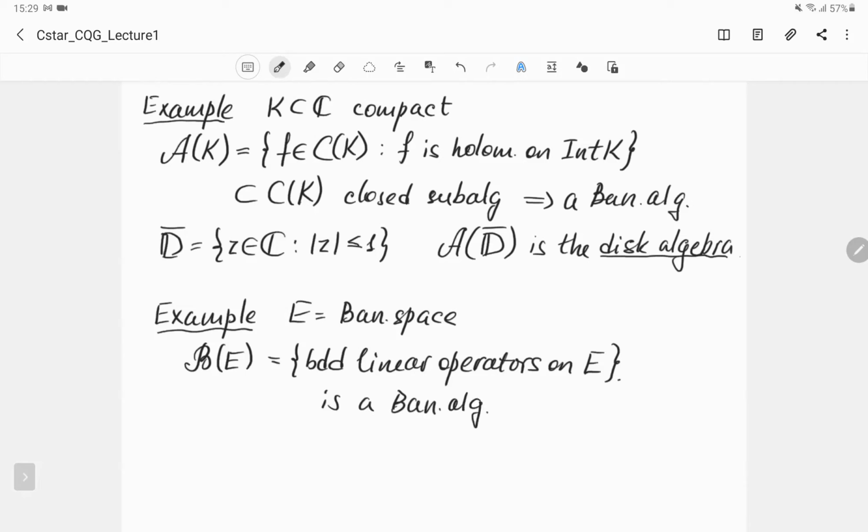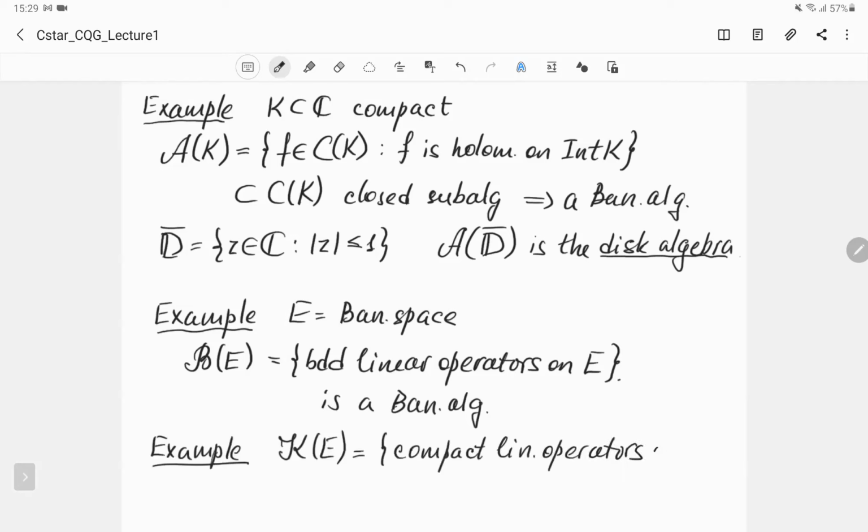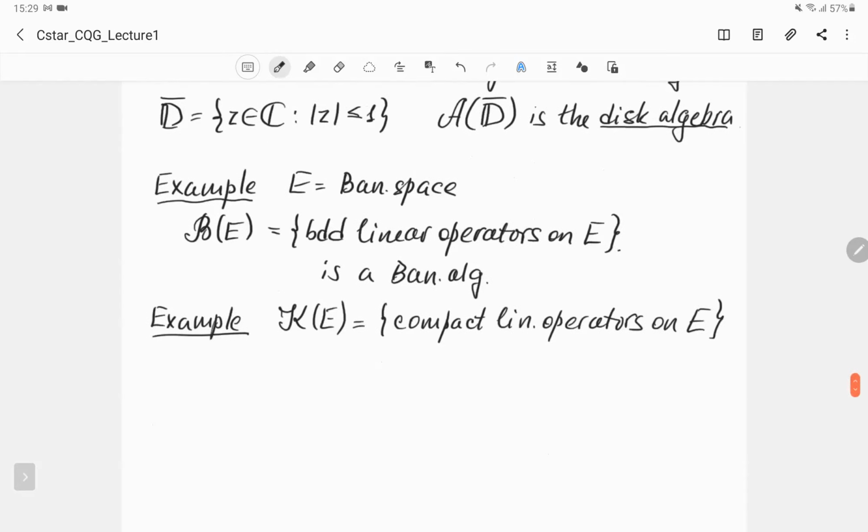This algebra contains an important ideal, which consists of compact operators. So script K(E) denotes the set of all compact linear operators. And again, it's a standard fact that K(E) is a closed two-sided ideal in B(E).